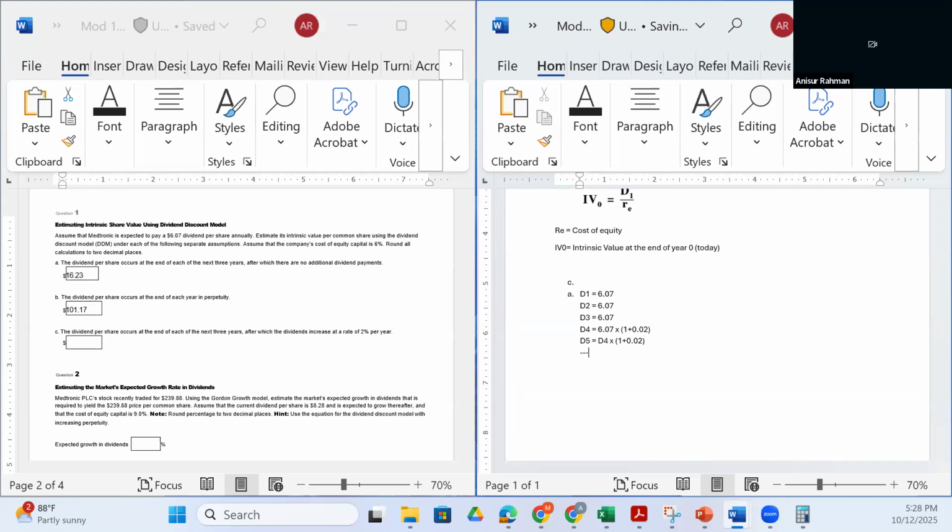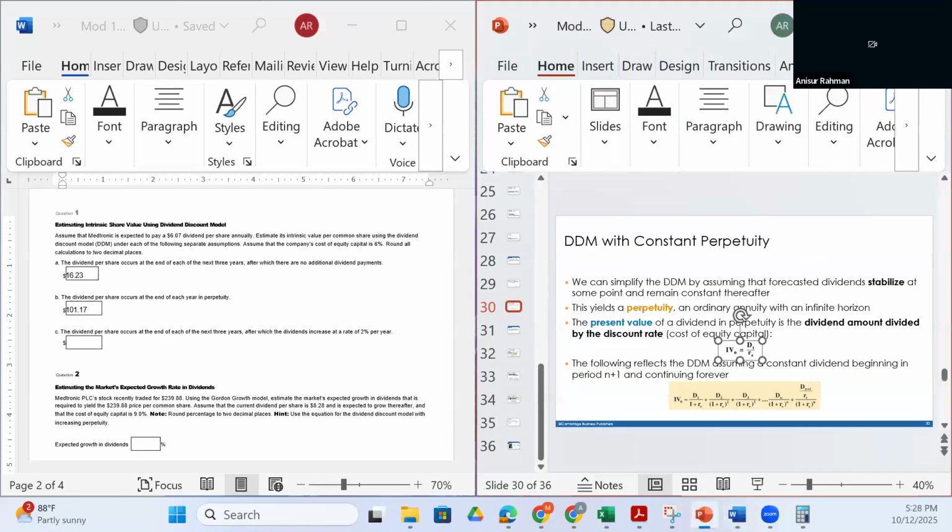And we have to find the present value of this infinite growing perpetuity, right? We can use a financial calculator, and we can also use a math formula.